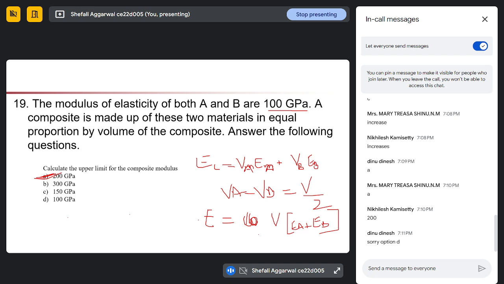VA is equal to VB, which is equal to half of the volume. So V by 2 into EA plus EB.